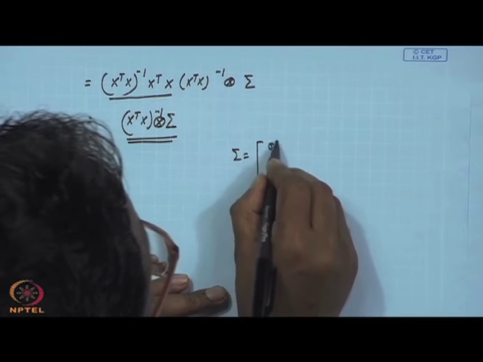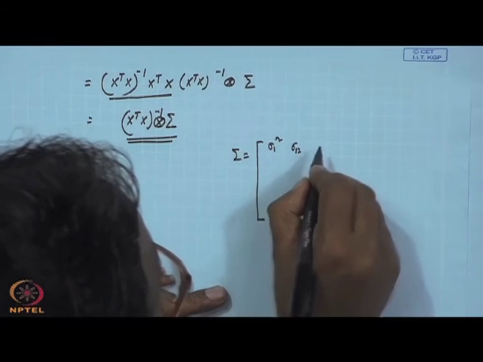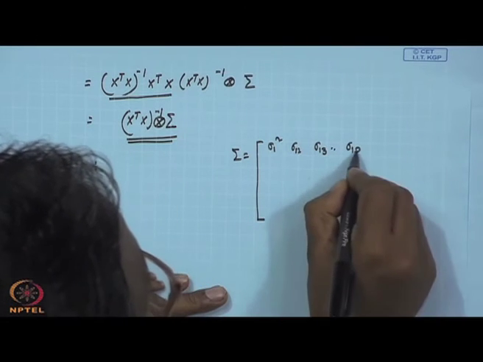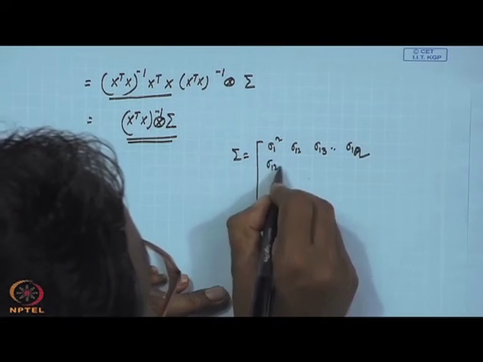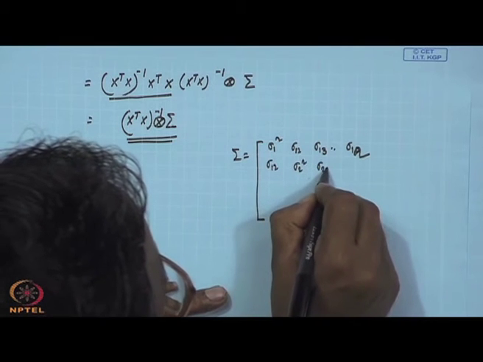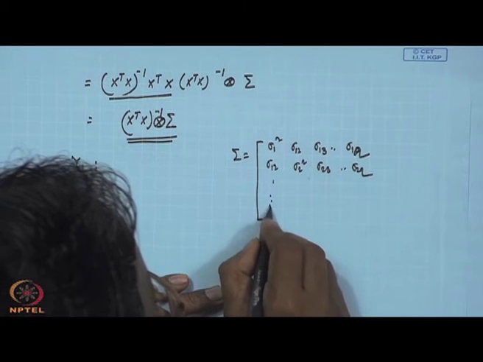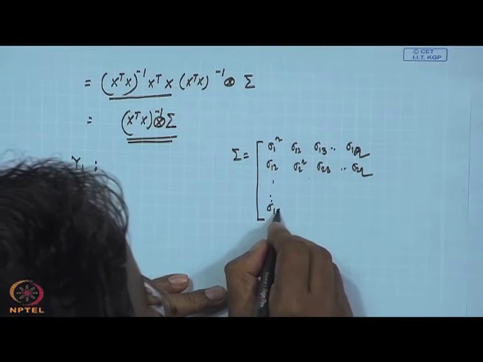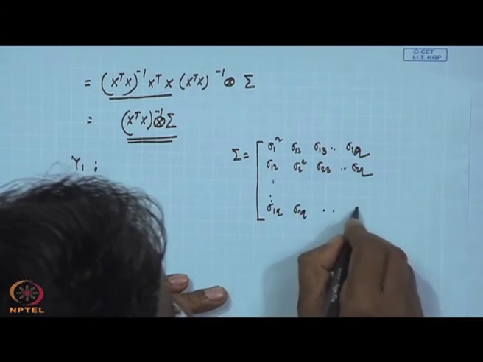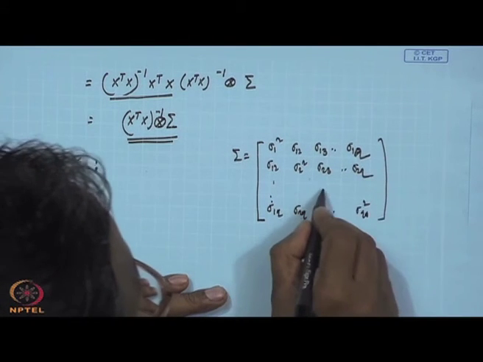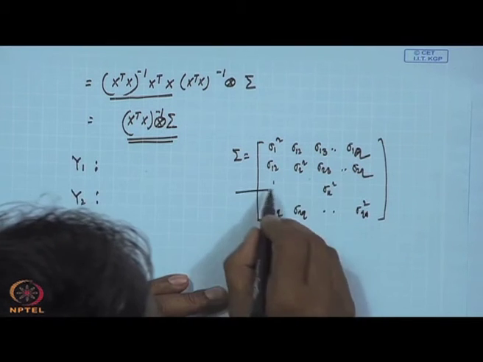Sigma is sigma 1 square, sigma 12, sigma 13, like this sigma 1q. Then sigma 12, sigma 2 square, sigma 23, like sigma 2q, and in this manner sigma 1q, sigma 2q, like this sigma qq, meaning sigma q square. Somewhere there will be sigma k square for the kth term.